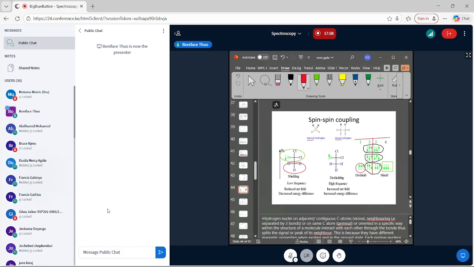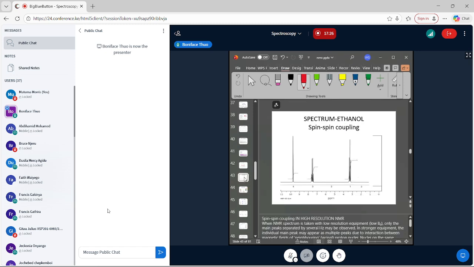Okay, the four different sub-peaks will be in the ratios of 1, 3, 3, 1, which are the different combinations of possibilities of the energy states of that hydrogen.